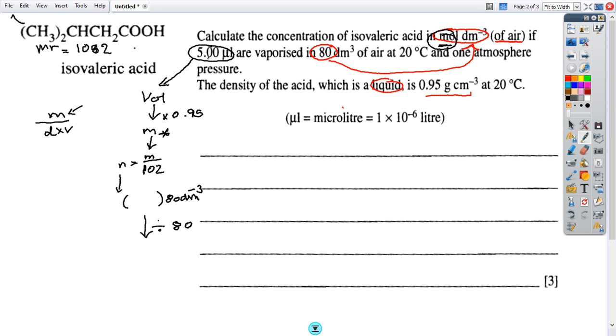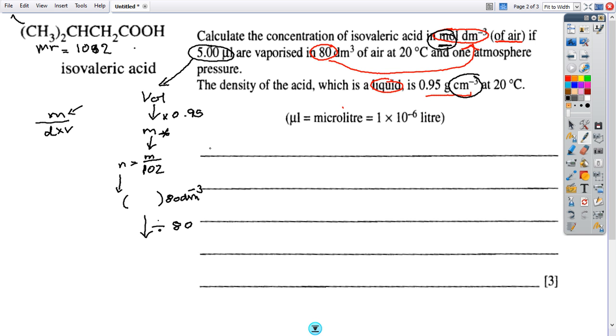Now, we've got 5 microliters, okay, and 1 microliter is 1 times 10 to the minus 6 liters. Now, why do they give us that? Well, first of all, our density is given per cubic centimeter. So I need to take my 5 microliters and convert it into centimeters cubed.